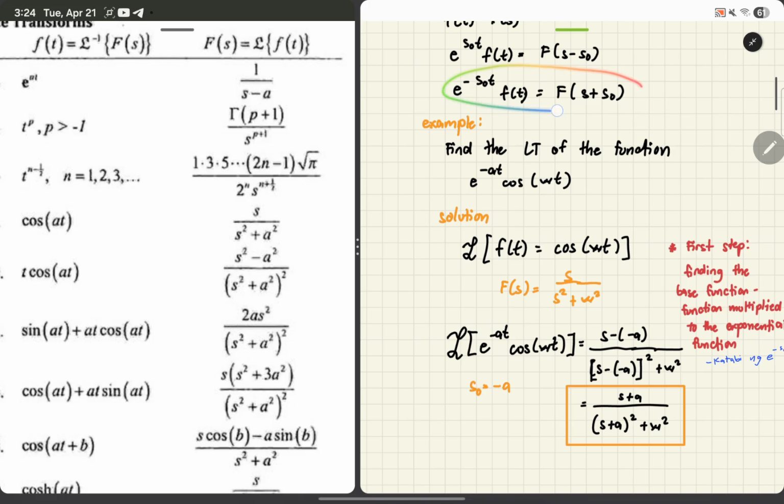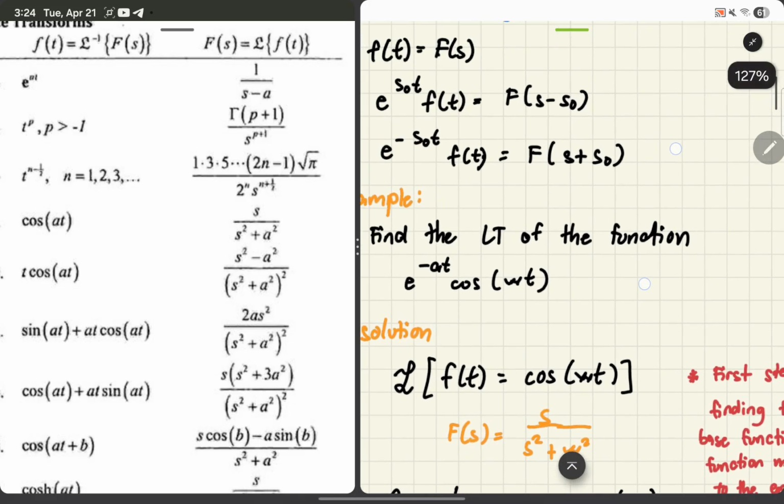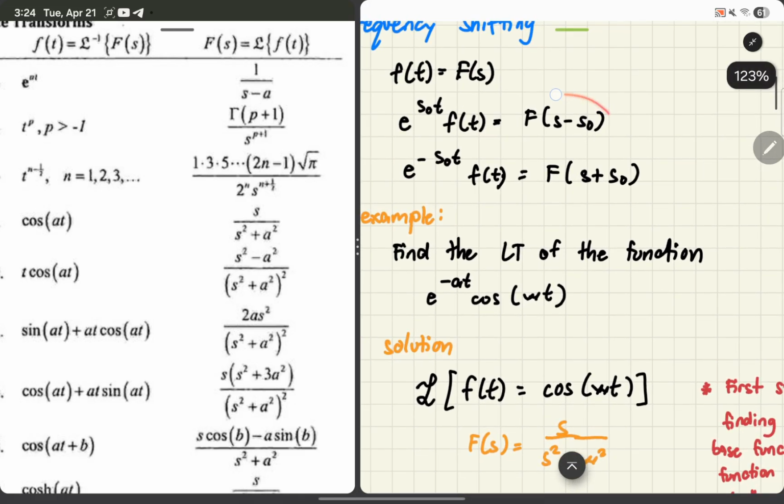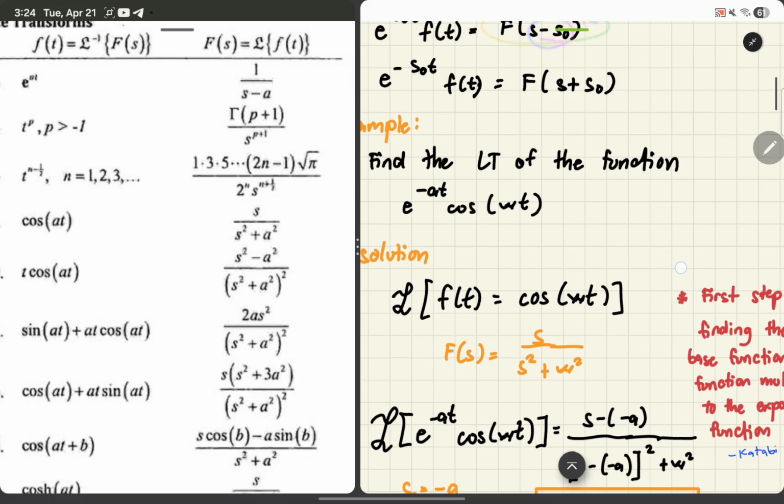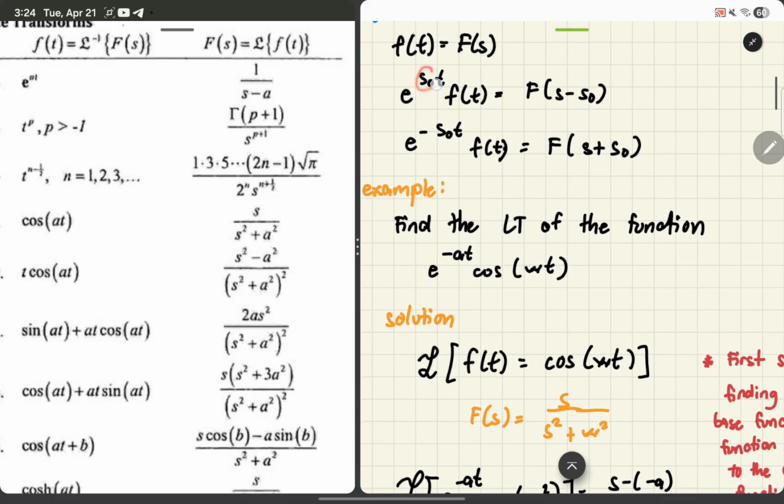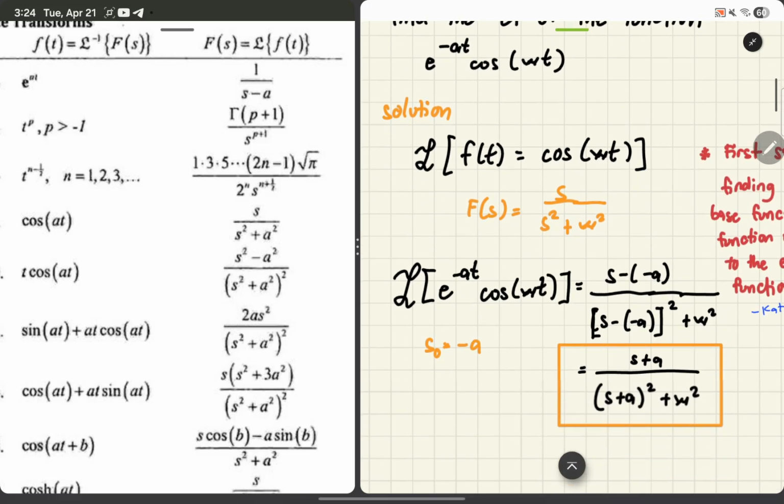Now, based on our formula, from the Laplace transform of our given base function, the s should be changed into s minus s sub 0. Okay? So we just assume that s sub 0 is a for now.